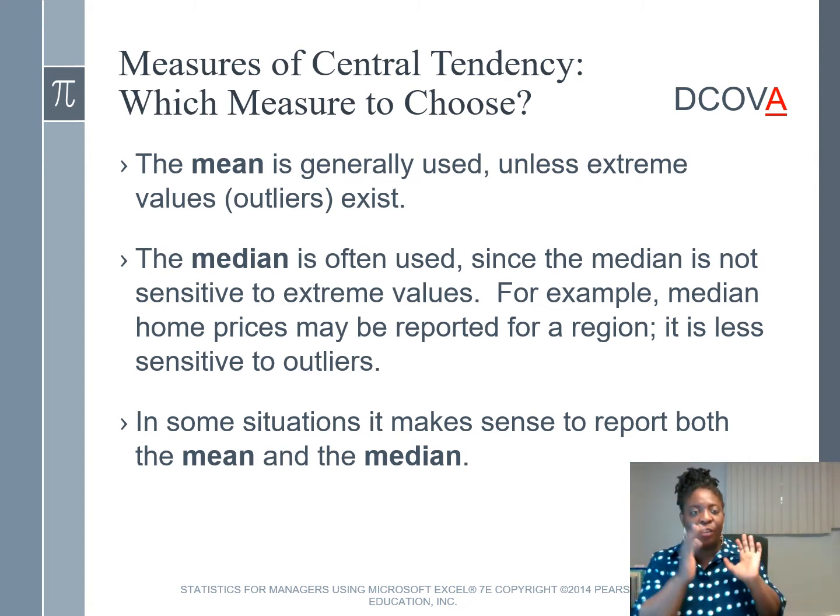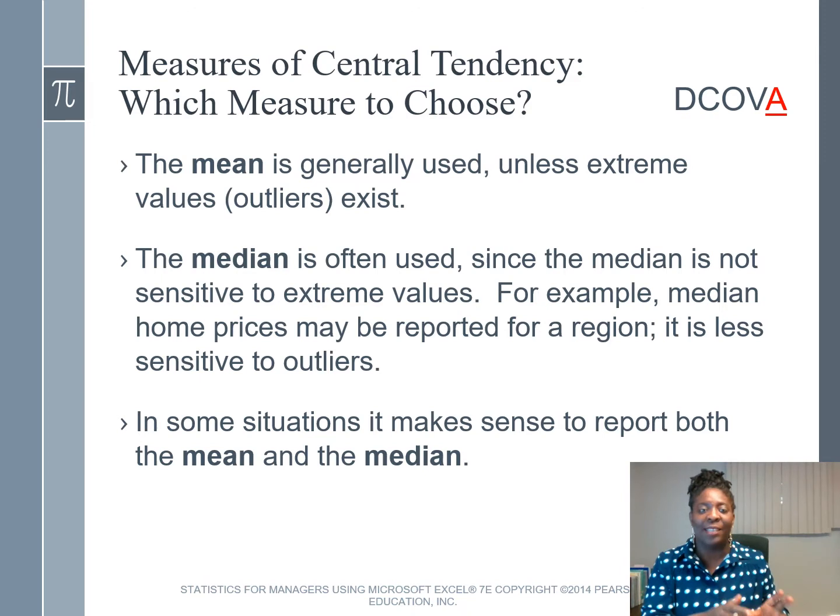So average is the most popular, is widely used unless you have outliers, in which case you prefer the median. For most analysis, it makes sense to report the two, not for all. Again, for housing data, median might be adequate, but for most analysis, it makes sense to report the two.